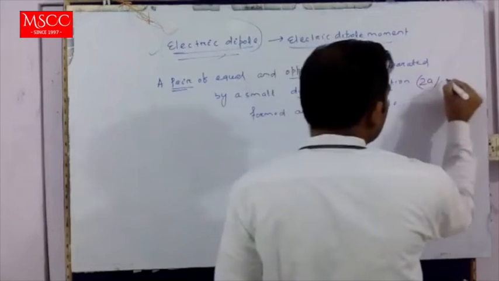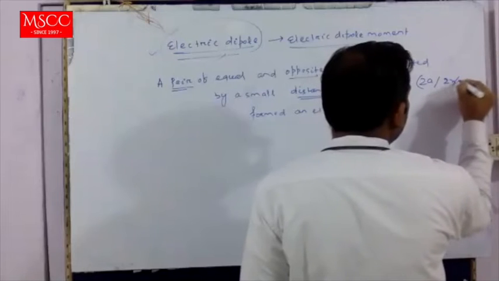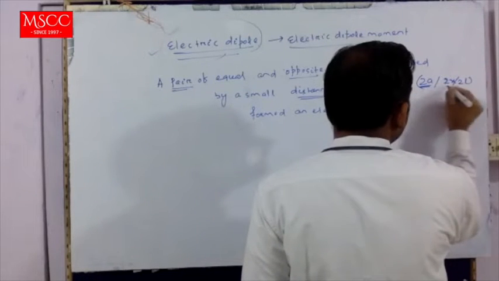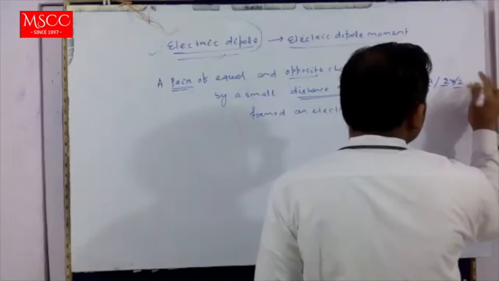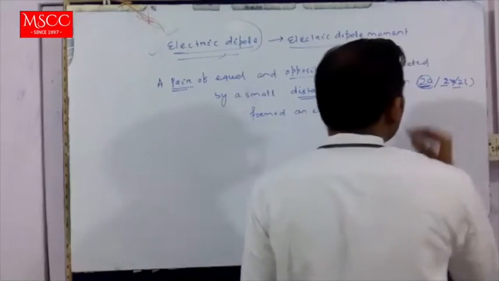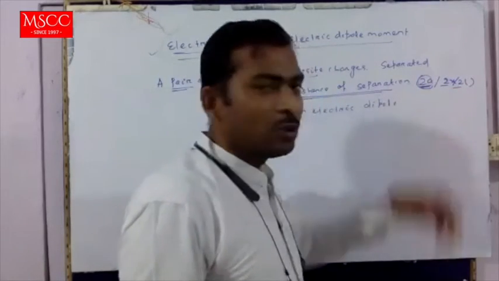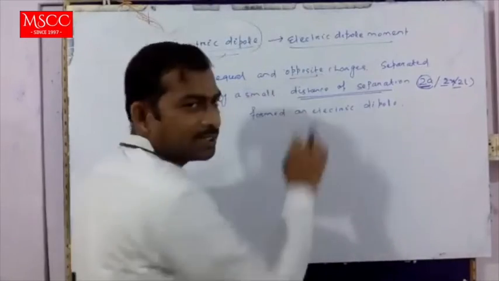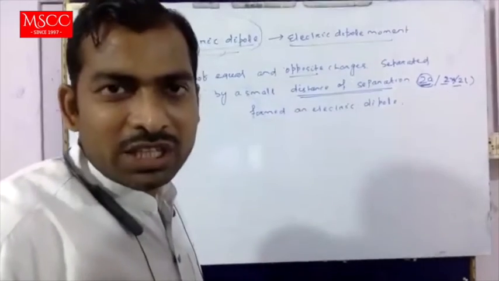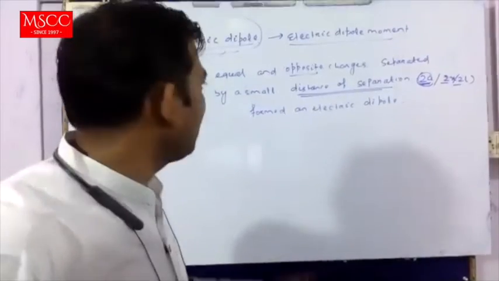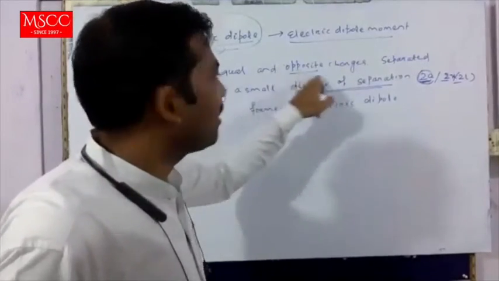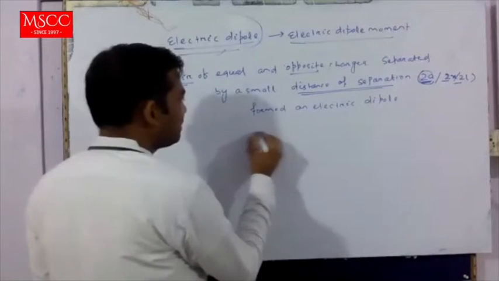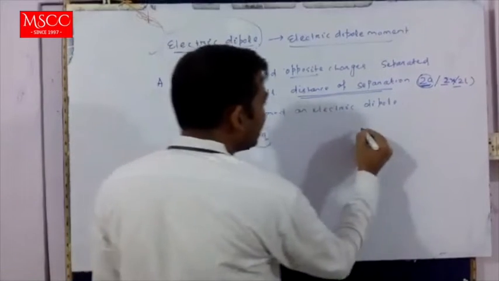In some books it is 2x, in some books 2a, maybe 2l. We take it for our convenience, in this case 2a. Suppose a pair of equal and opposite charges, minus q and plus q.